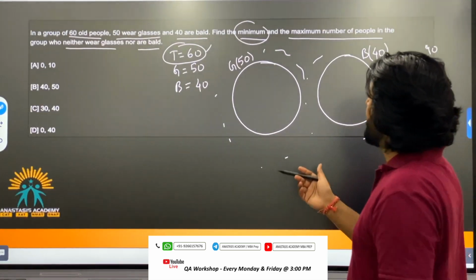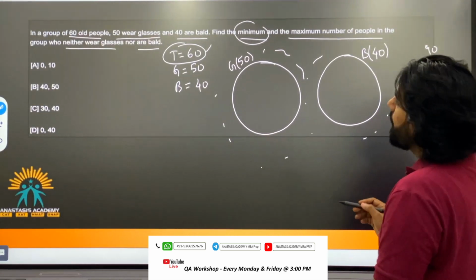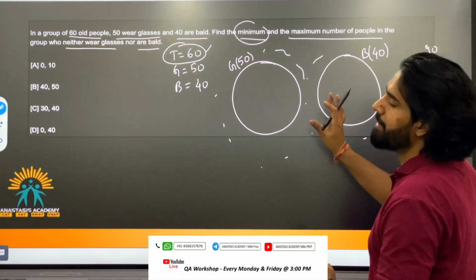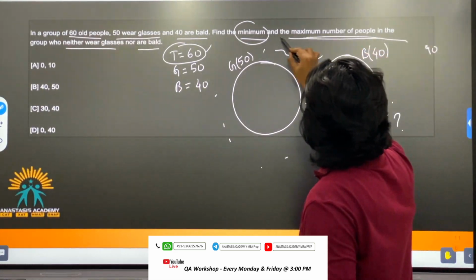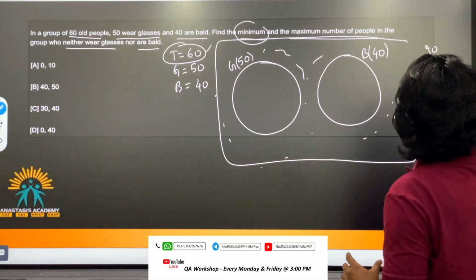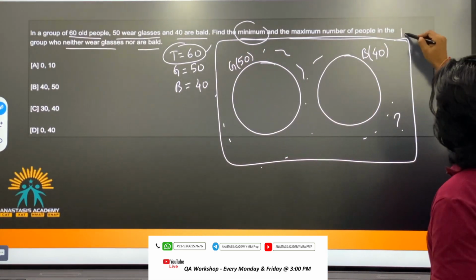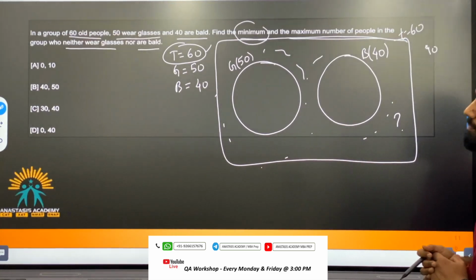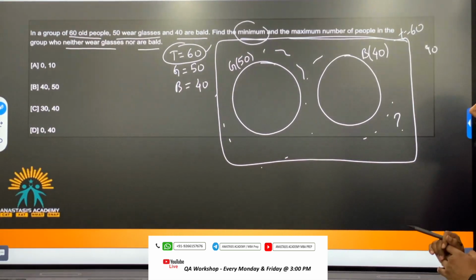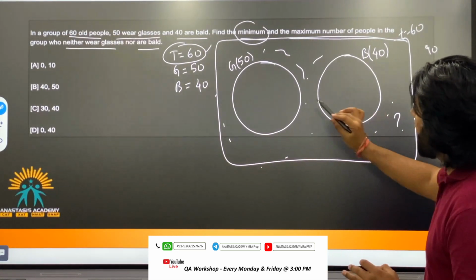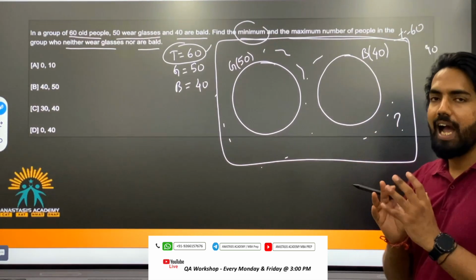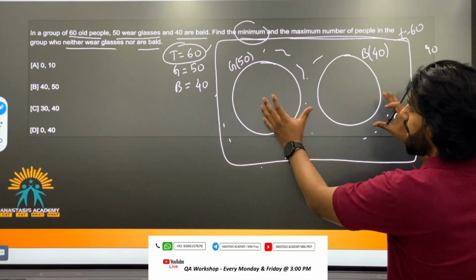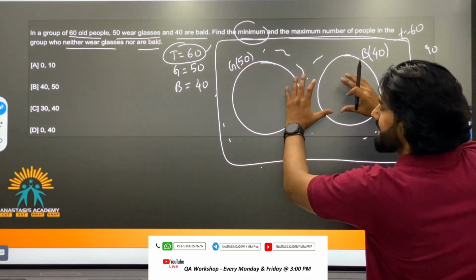First of all, to minimize this number, if I take this set as the universal set, and total people are 60 in this, and I need people outside these two sets as the minimum, so I need people inside these two sets as the maximum.